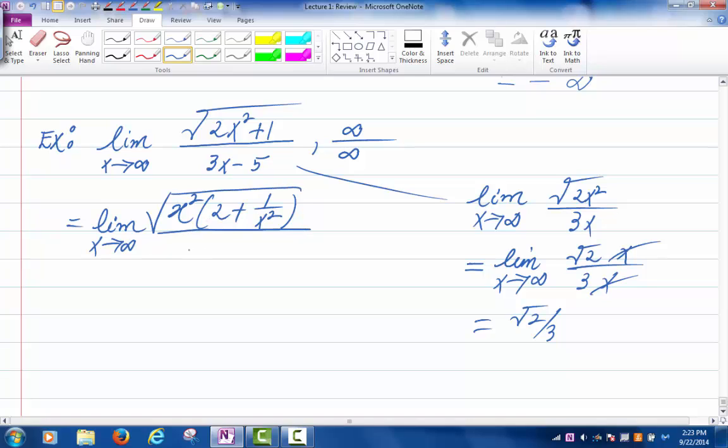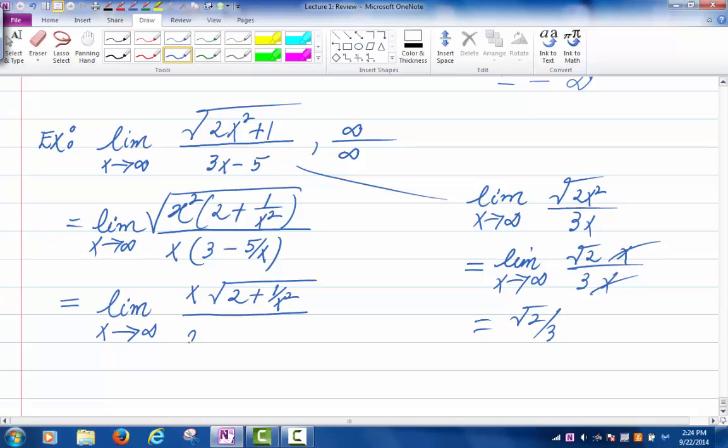In the denominator, you factor out the dominating term. You get 5 over x, and then as you take the limit, x goes to infinity, root of x squared would be what? X, and then you have root of 2 plus 1 over x squared.